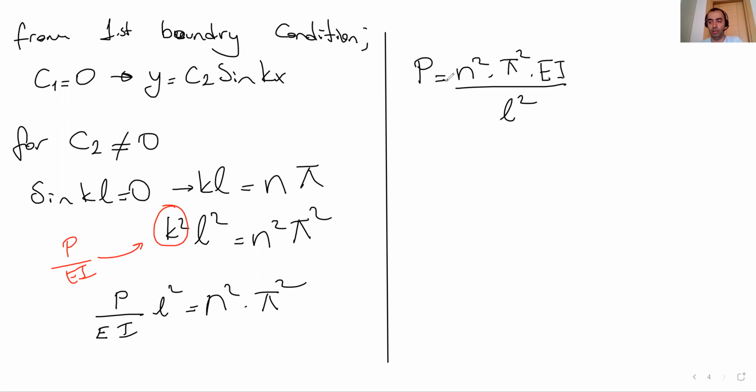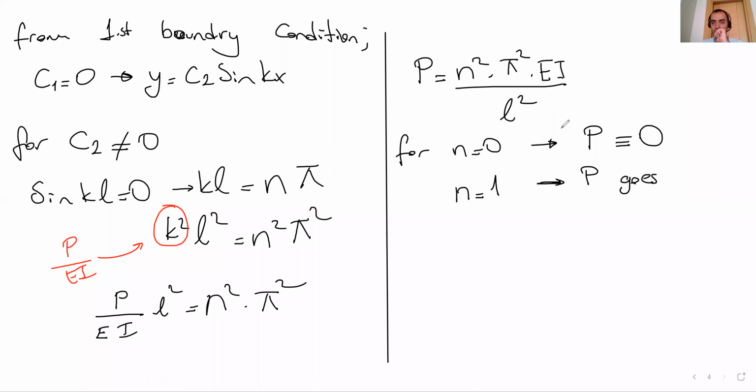For n equals 0, P equals 0. For n equals 1, P goes minimum.